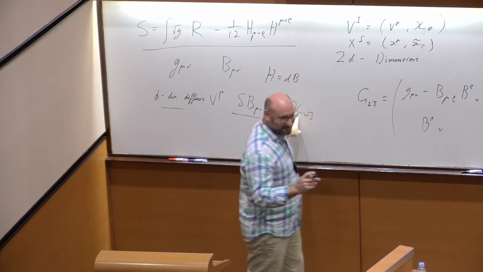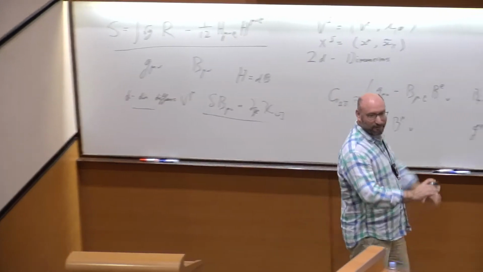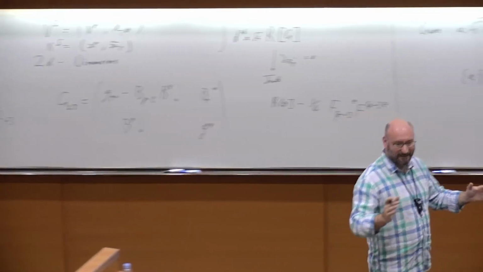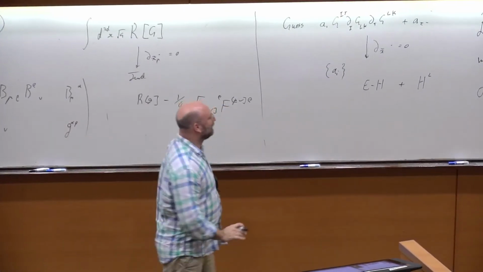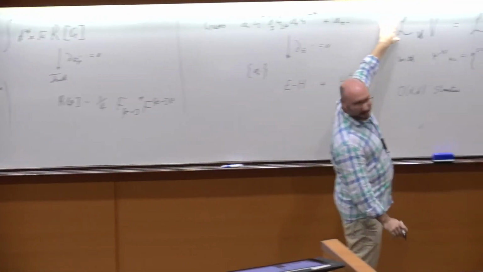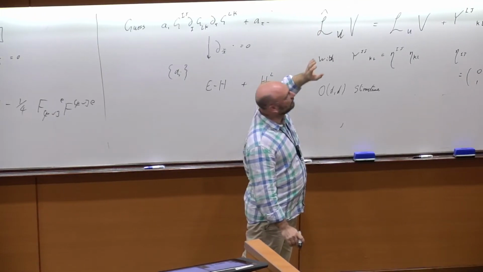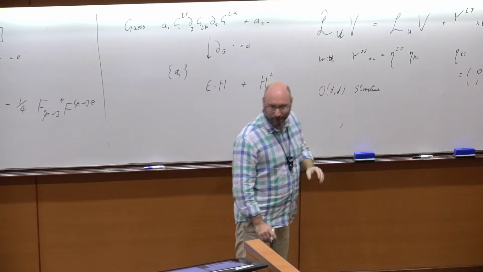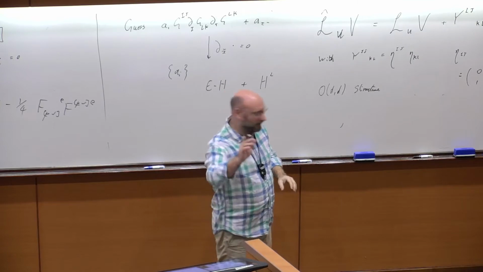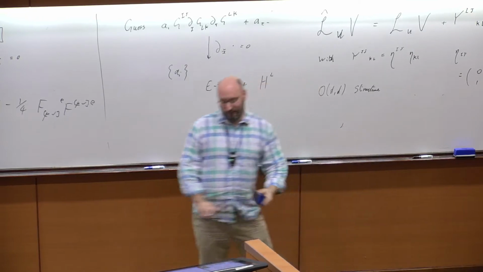Not yet. Related. We're going to get there. So at the moment, this is related to it. You need to anti-symmetrize it to get the Dorfman bracket. Oh, okay, yeah. Right.